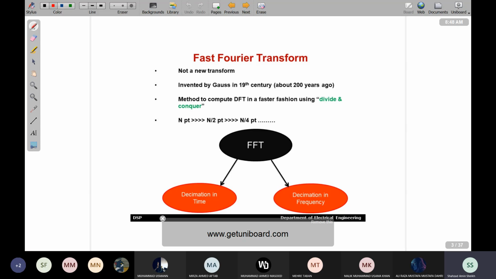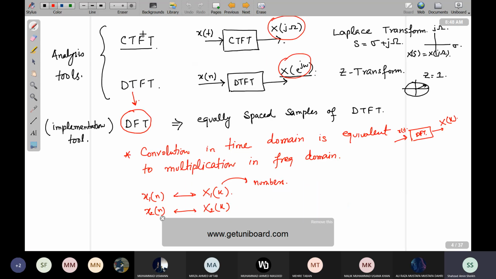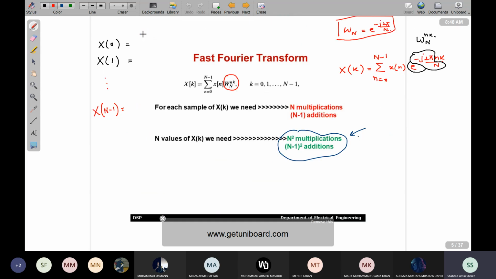So FFT can be computed in two ways: decimation in time and decimation in frequency. So ये चीज़ हम डिस्कस कर चुके थे, so what's the motivation of using FFT, and then we talked about this, that what's the number of multiplications and additions in calculating N values of X of k.